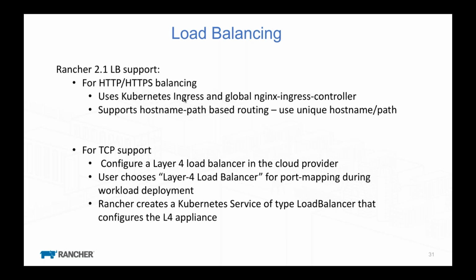Because of these common access points, you have to use unique hostname and path rules for creating load balancing rules for your workloads. For TCP support with Rancher 2.1, you can configure a layer 4 load balancer in the cloud provider in which your Kubernetes cluster is running.